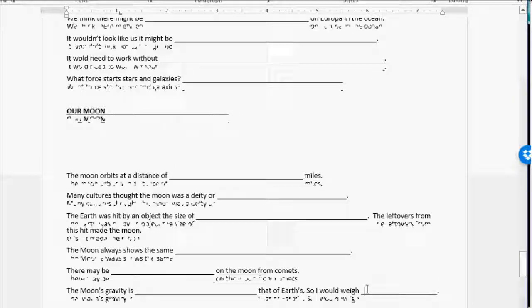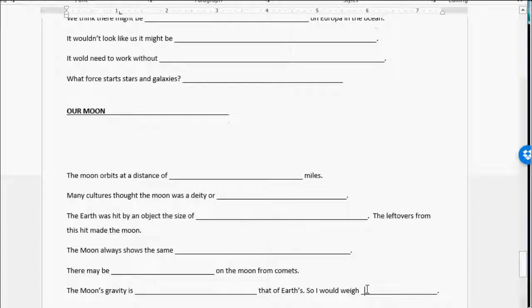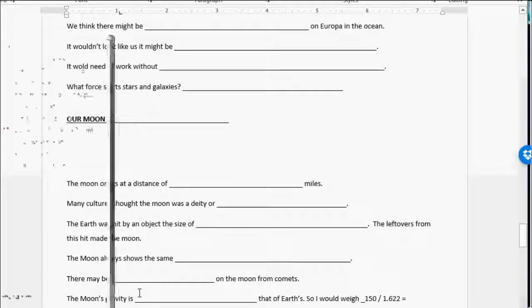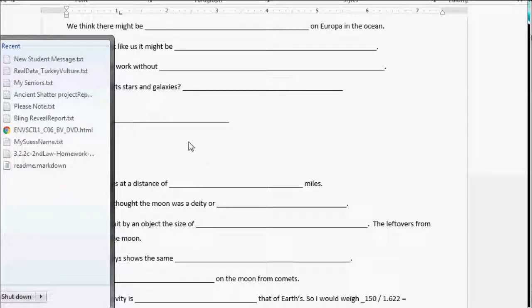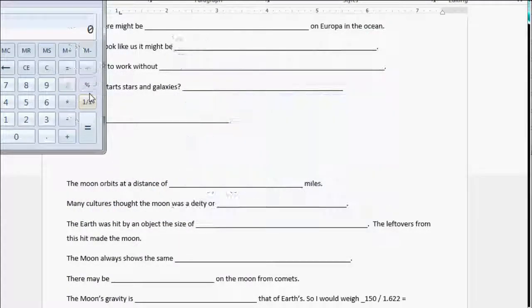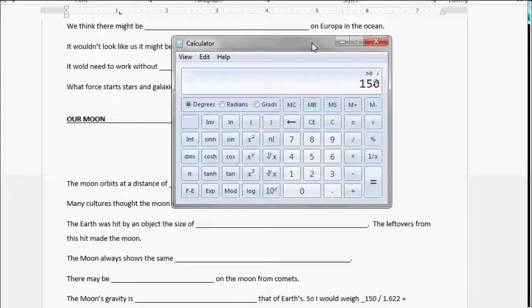So it would be 150 divided by 1.622. That would be, I need a calculator. Alright, so 150 divided by 1.622 equals 92. So on the moon, you would only weigh 92 pounds, not 150.